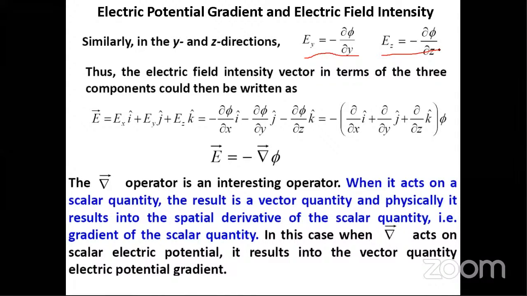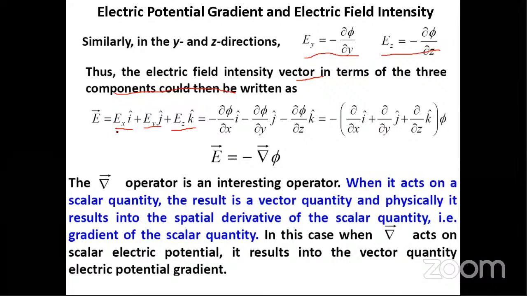We can represent the total electric field intensity vector in terms of the three components in three directions: Ex into i, where i is the unit vector, Ey into j, where j is the unit vector in the Y direction, and Ez into k, where k is the unit vector in the Z direction.